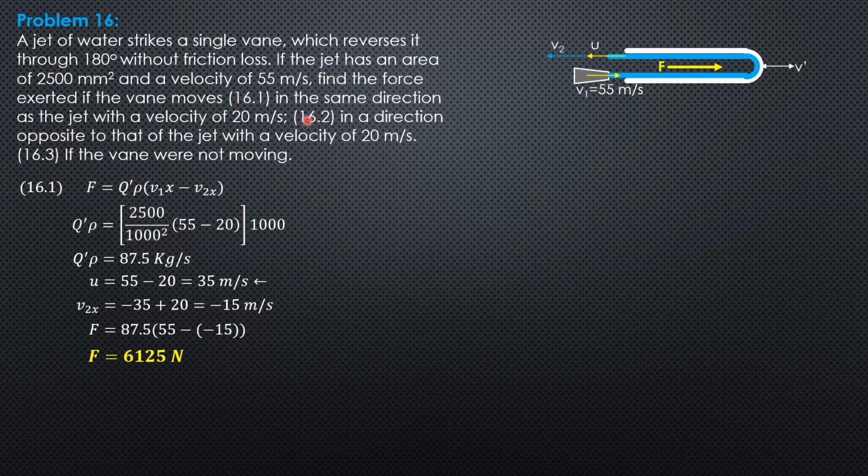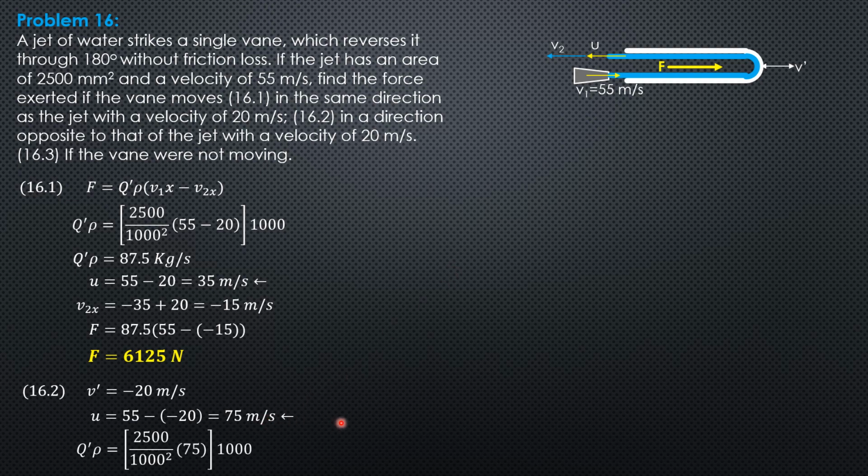In the second part, V prime is negative 20. Therefore, U is V1, 55 minus negative 20, so 75 meters per second. This U is leftward. So the value of Q prime rho is equal to 2,500 over 1,000 squared times 75 times 1,000.